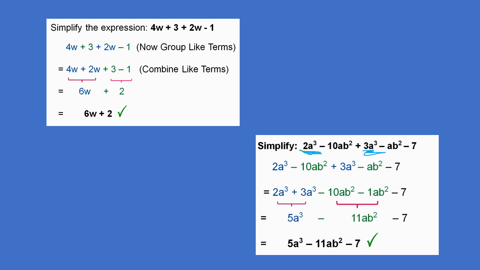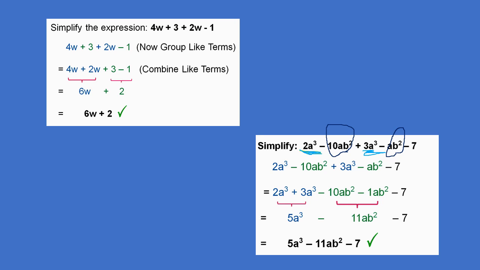On the next step, we can see that our ab squared right here is the same. There's another ab squared there, so we can combine those together. And then that just leaves this 7 over here by itself.